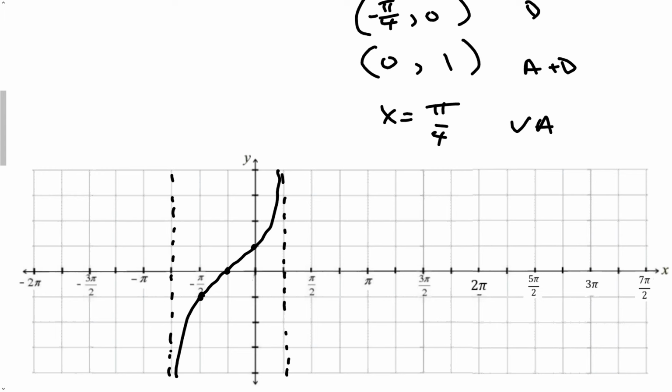Now we could definitely fill up the graph knowing that the period is pi, 1, 2, 3, 4. And we could do it to the left as well. With all of these, the pattern is going to be the same.